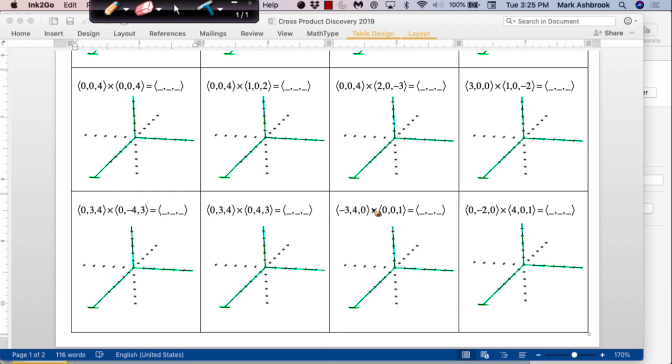Okay, here's one. Let's do this one right here. Negative 3, 4, 0. Let's sketch that. Negative 3, 4, 0. It's something like that. And then 0, 0, 1 is this right here.